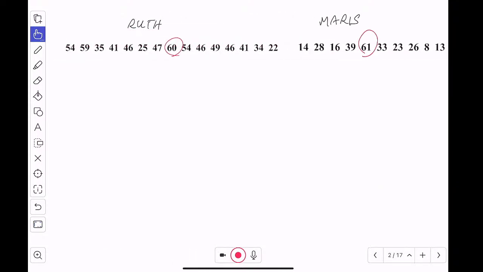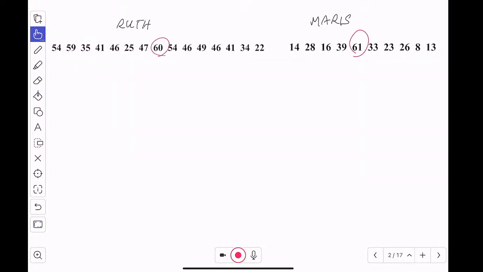There's a reason for this. So what I'm going to do is make what's called a back-to-back stem and leaf plot. And we learned how to make a stem and leaf plot. Since the highest number is 61, then the digits have to be 2 digits, right? But what we're going to do is have them share the stem.